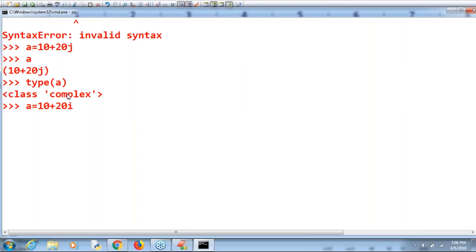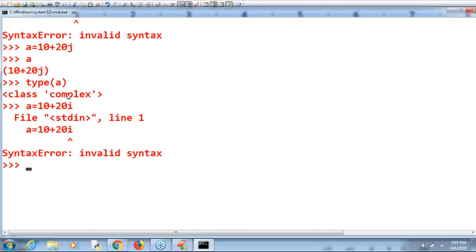Yes, is it valid or invalid? So this one is perfectly invalid. Remember this one, sir. Perfectly invalid. Immediately you are going to get an error. Are you getting? Syntax error, invalid syntax. The symbol j is always a fixed symbol for complex numbers.